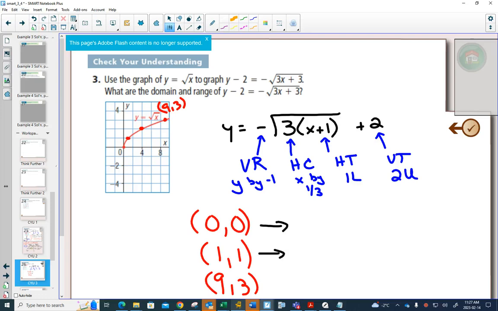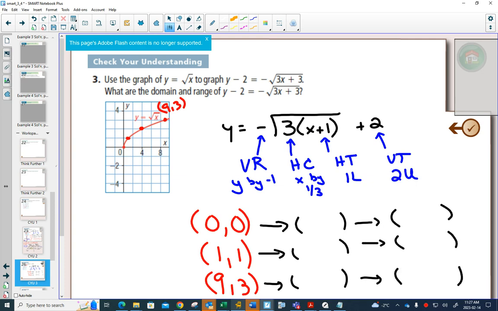Draw my arrows. We have stretches, compressions, and translations. Above my first set of arrows, I put all of my stretches, compressions, and reflections. So above here, I'm going to write x by 1/3 and also y by -1. Above my second set of arrows is all my translations, so I'm going to go 1 to the left and 2 up.